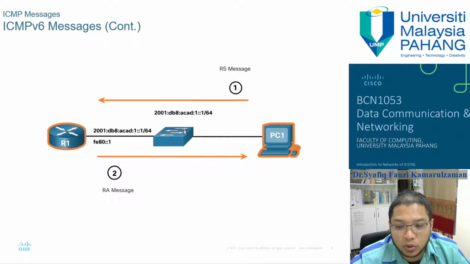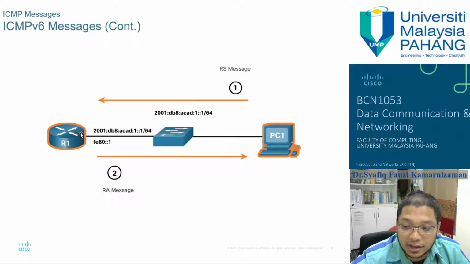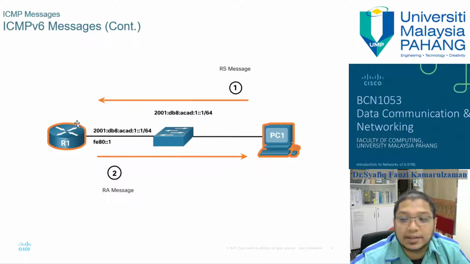Here you see that PC1 sends an RS message to determine how to receive IPv6 address information dynamically. R1 replies to the RS message with an RA message. So RA is basically a reply to the RS message.